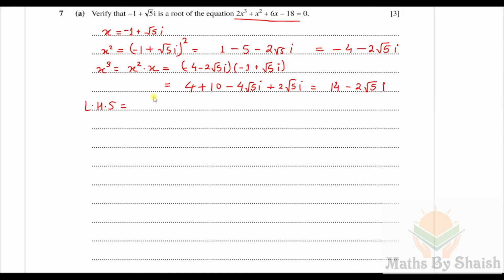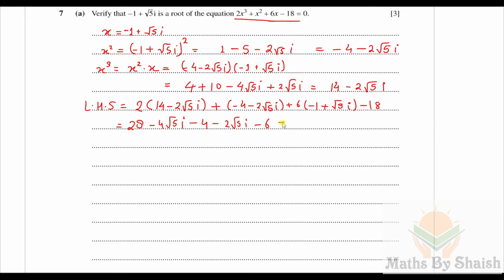Left hand side is 2 into x cube, so 2 times (14 -2 root 5 iota), plus x square, so (-4 -2 root 5 iota), plus 6x, so plus 6 times (-1 plus root 5 iota), and -18, and we will simplify. 14 2s are 28, 2 2s are 4 root 5 iota, -4 -2 root 5 iota, -6 plus 6 root 5 iota, and -18.